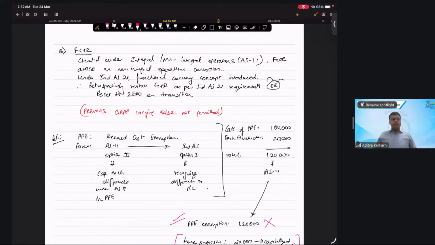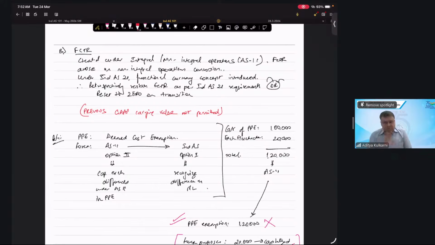Yes, sir. Why can I not take previous GAAP value as my current FCTR? Why can I not take? Sir, in previous, we are following integral, non-integral method. But now we are using that functional currency. Correct.